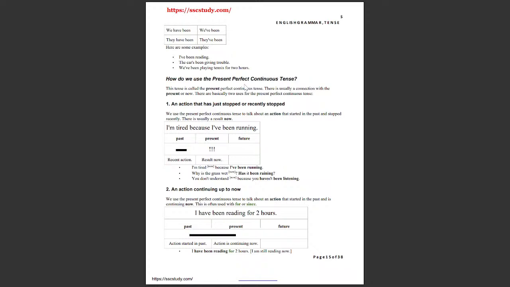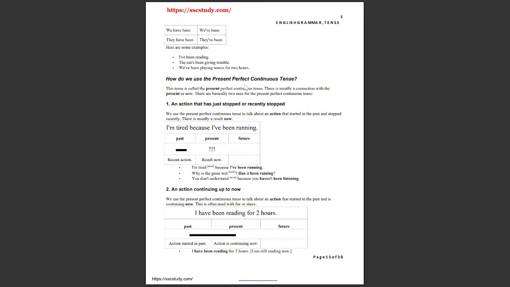Next, an action continuing up to now. We use the present perfect continuous tense to talk about an action that started in the past and is continuing now. This is often used with for or since, like I have been reading for 2 hours. The action started in the past and is continuing now.